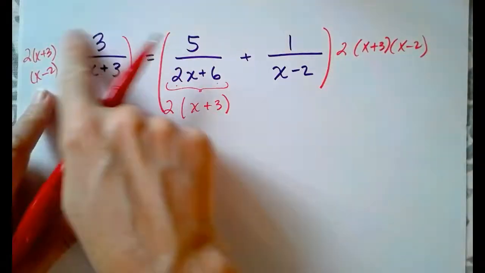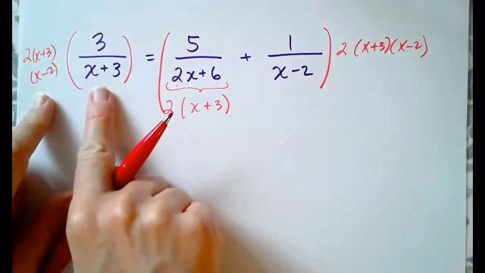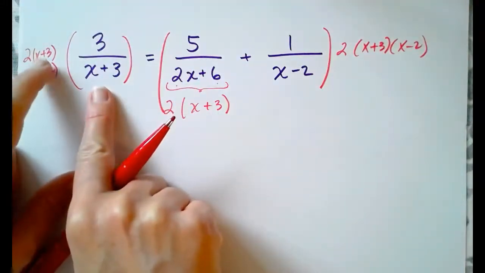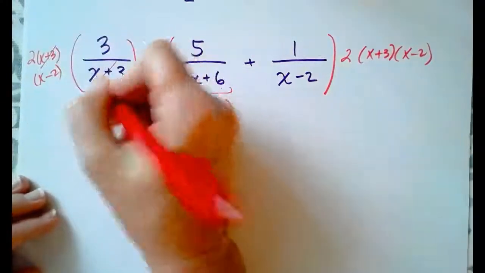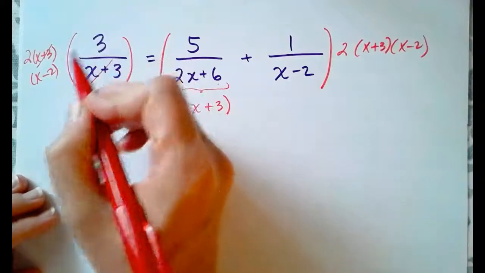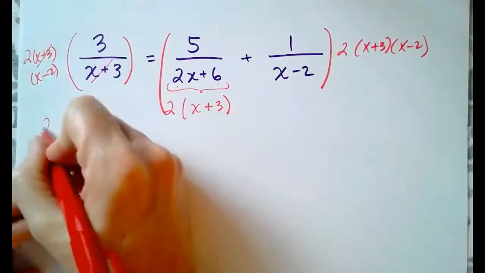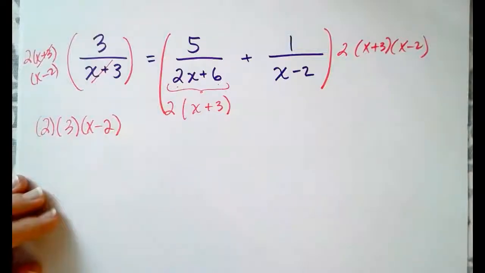On the left-hand side, when we multiply 3 over x plus 3 times 2 times x plus 3 times x minus 2, the x plus 3's cancel, and we're left with 2 times 3 times x minus 2. All of that is left on the left-hand side.